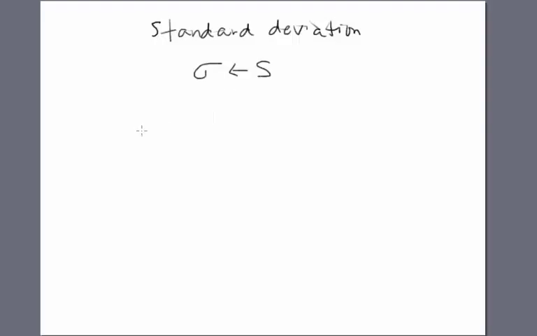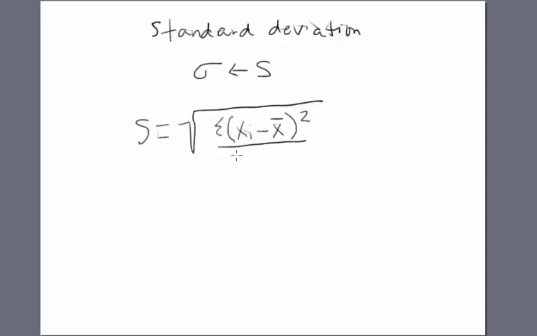To calculate that measure of sample standard deviation is fairly straightforward. Sample standard deviation will be equal to the square root of the sum of the quantity x sub i minus x bar, squared, divided by the sample size minus 1.